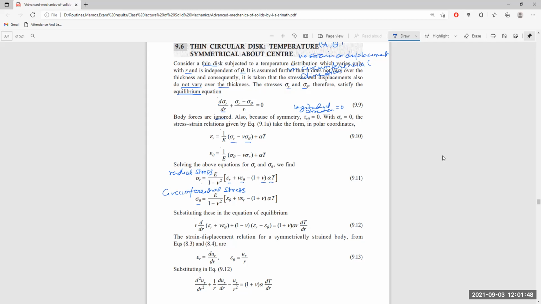Now, we put it on the right side of the equation to make our calculation a bit convenient. Then the strain-displacement relation for a symmetrical strain body: epsilon r is the rate of change of the displacement in the radial direction, du by dr, and epsilon theta is equal to the radial displacement divided by the radius itself.